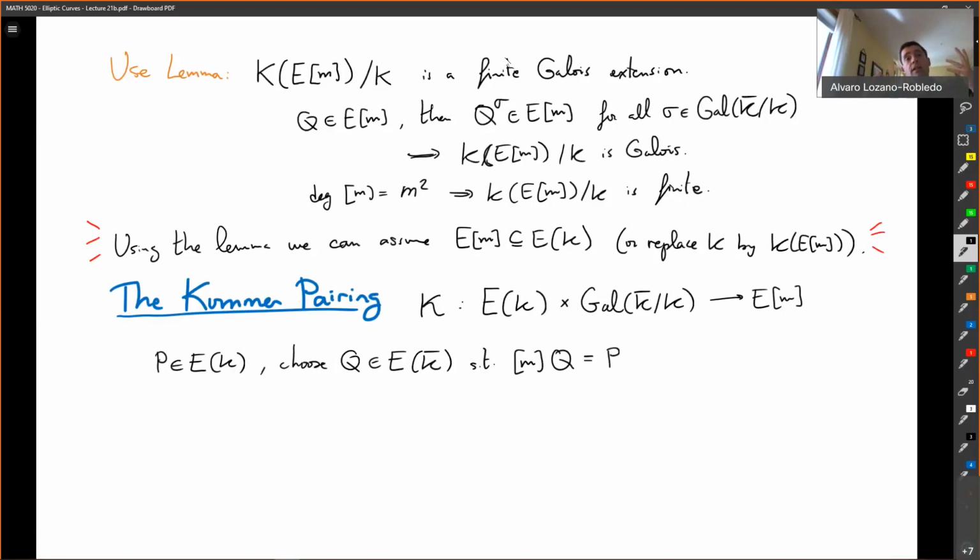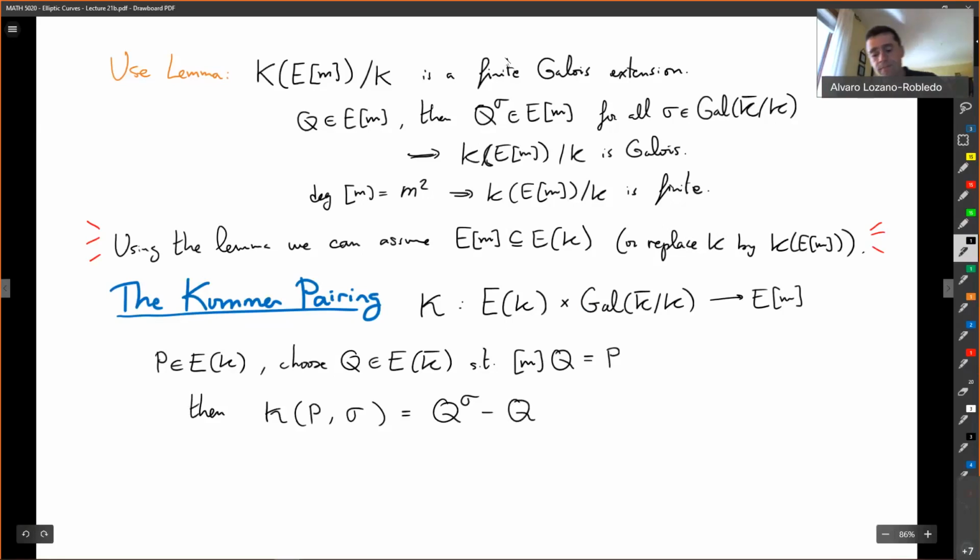So for every P, there is a Q such that M times Q equals P. And then we define kappa of P and sigma to be Q sigma minus Q. Okay, so that's how we define the pairing.